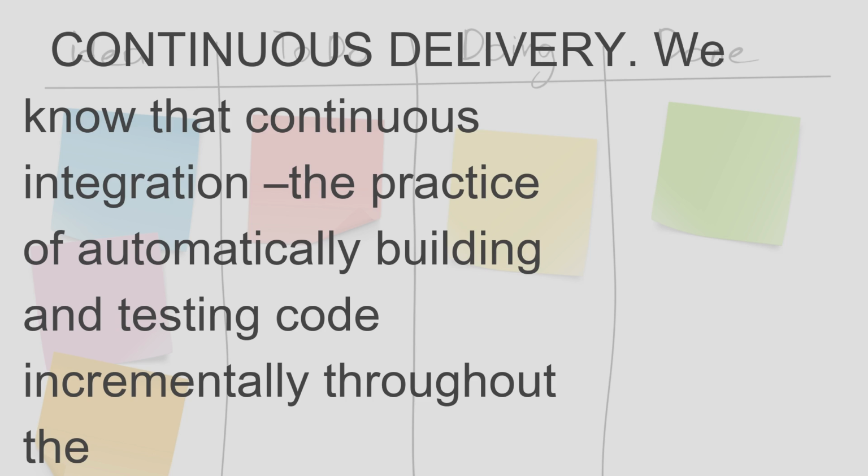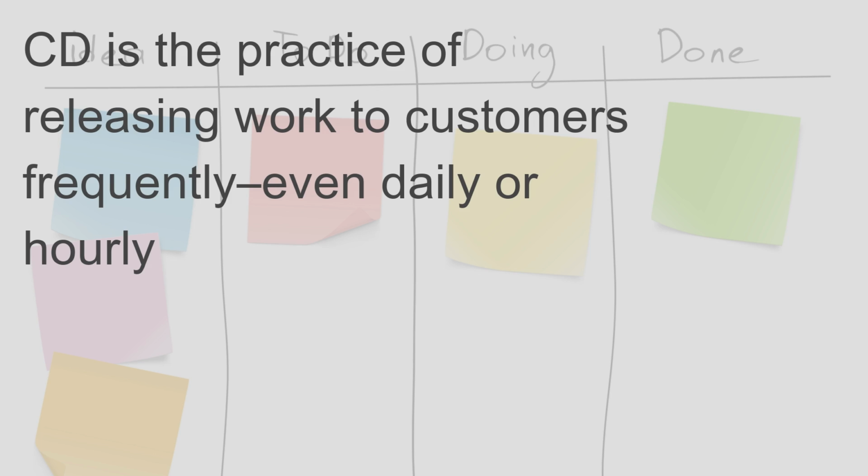Continuous delivery. We know that continuous integration, the practice of automatically building and testing code incrementally throughout the day, is essential for maintaining quality. Now it's time to meet continuous delivery. CD is the practice of releasing work to customers frequently, even daily or hourly.